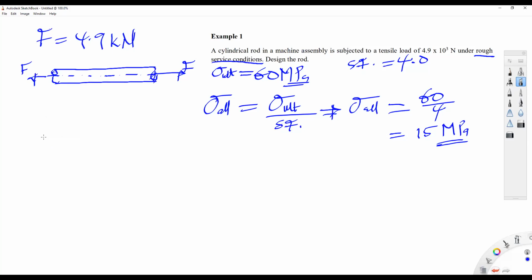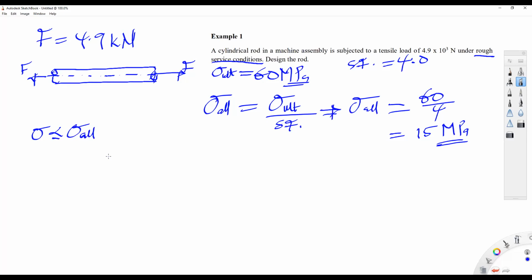So we can say that the stress in the material, let's say sigma, should be less than or equal to the allowable stress in the material.